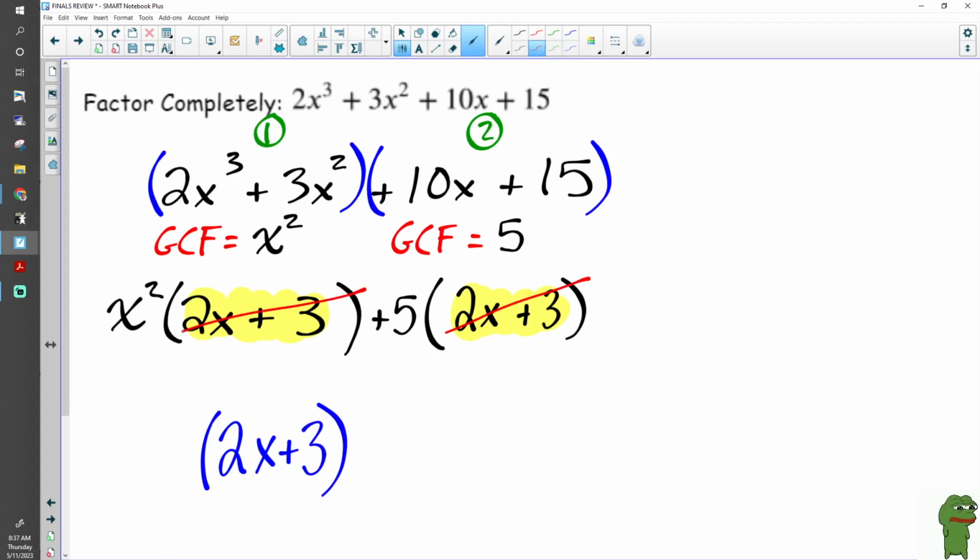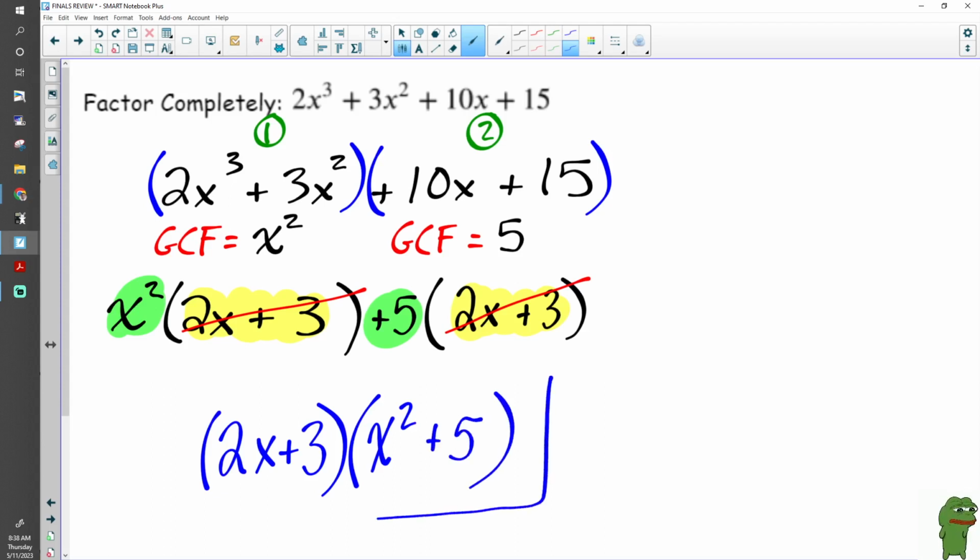Our other factor comes from the GCFs. Our other factor that we're looking for is x squared plus 5. This is factored.